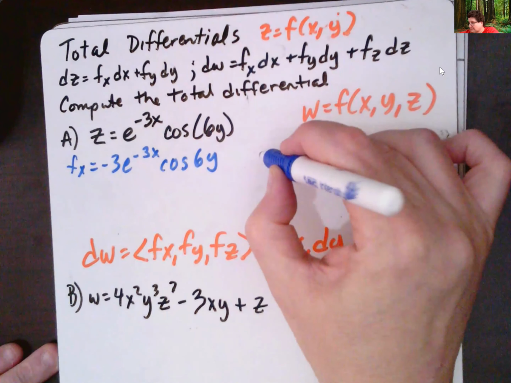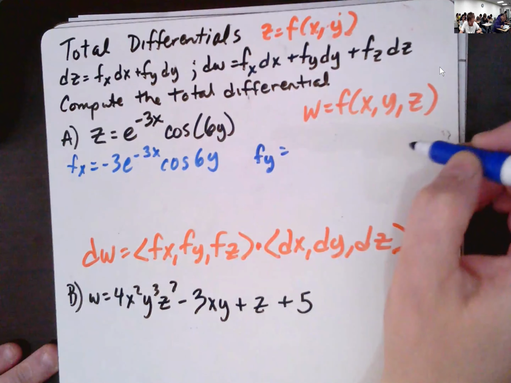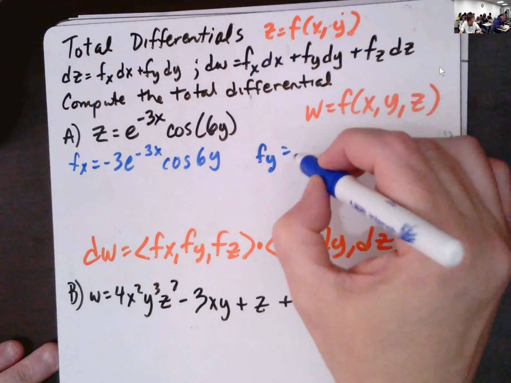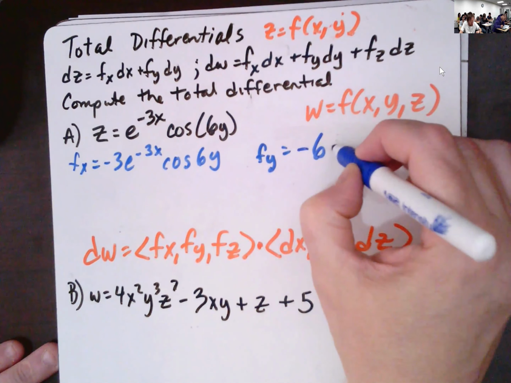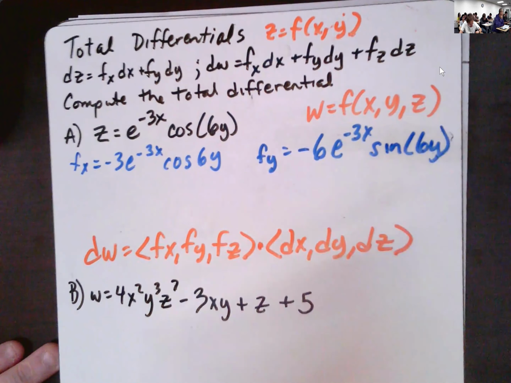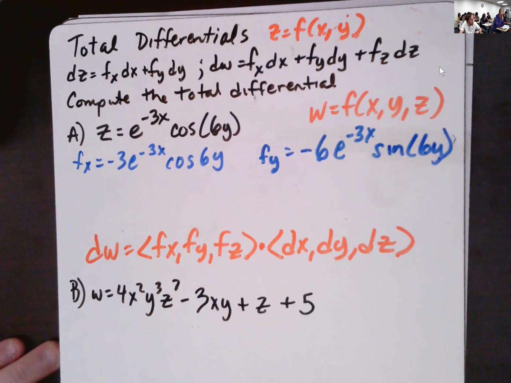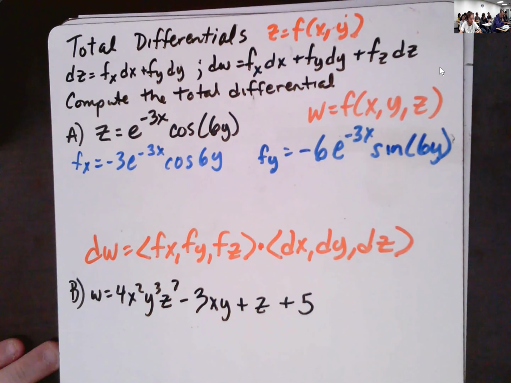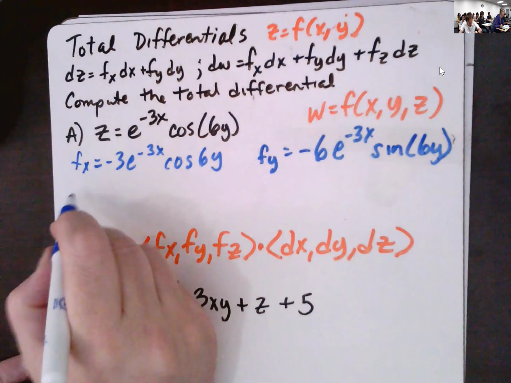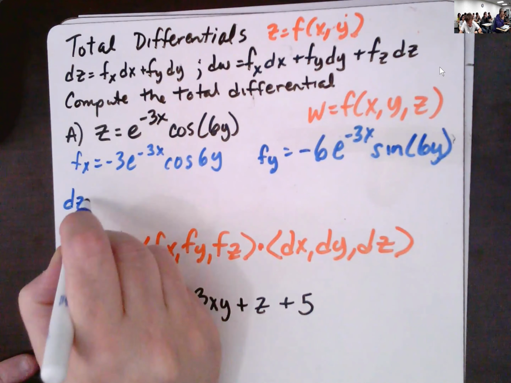And f of y: negative 3 and negative sine 6y times 6, just being negative 6 sine. Wait, wouldn't that be negative 18 because you're multiplying the 6 by the 3? Oh, I'm looking at the wrong thing. Never mind. We're not doing the mixed partials. I was looking at the wrong equation, thinking of the original.